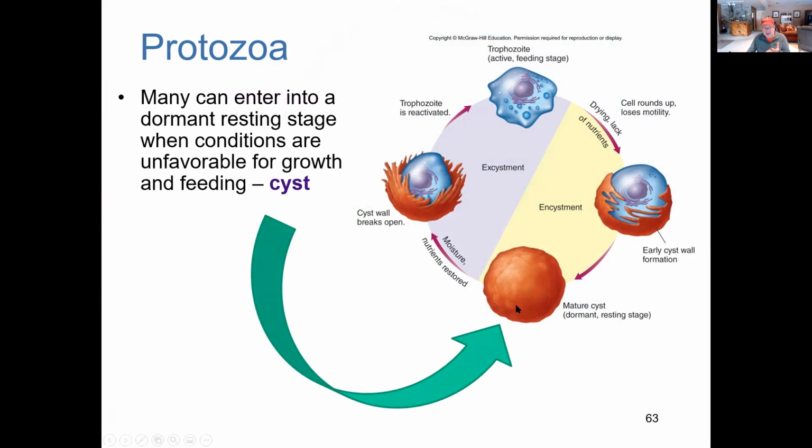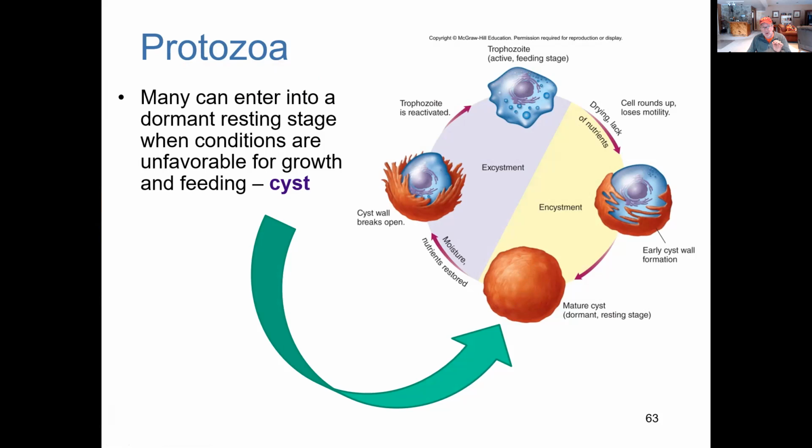And it's this cyst form that can stay in this dormant state for a long time until conditions improve, moisture levels increase, food becomes abundant, and then it will undergo a metamorphosis, so to speak, and form back into the active feeding trophozoite stage.